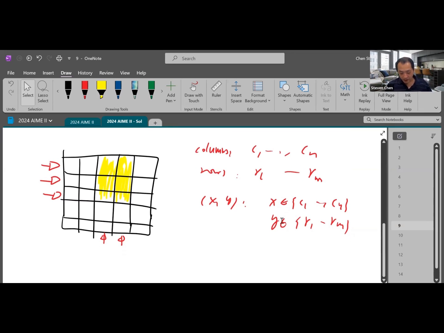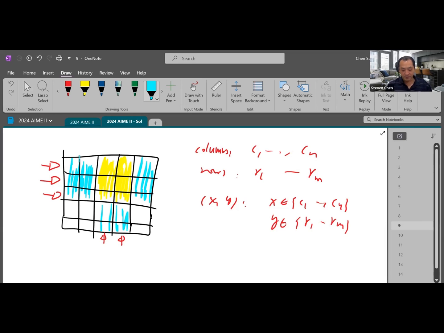And next, let's look at this region. What are the features of this region? Mathematically, it says the following.